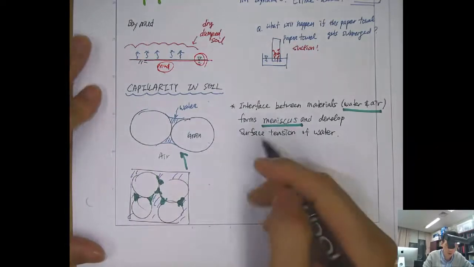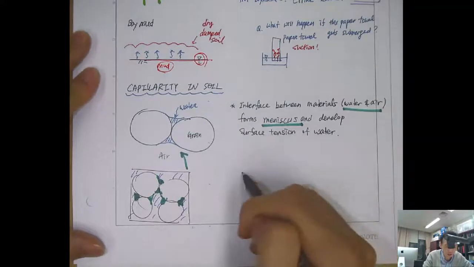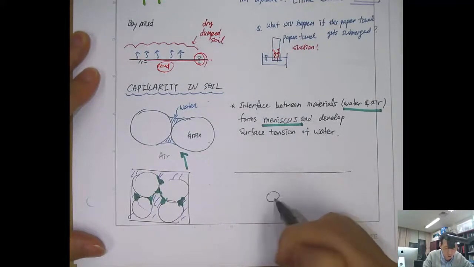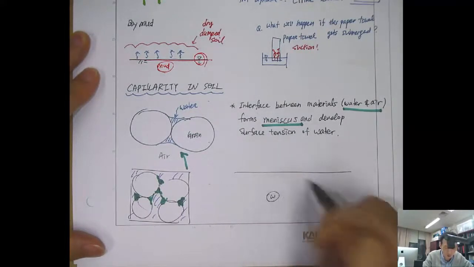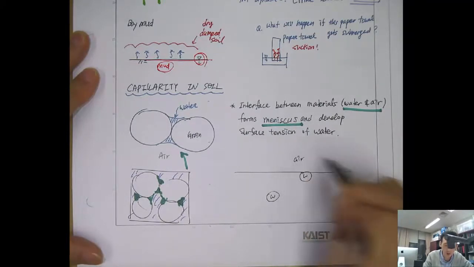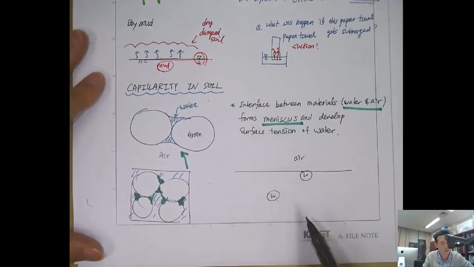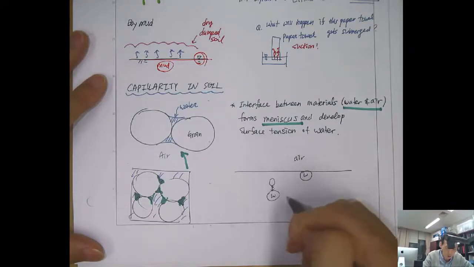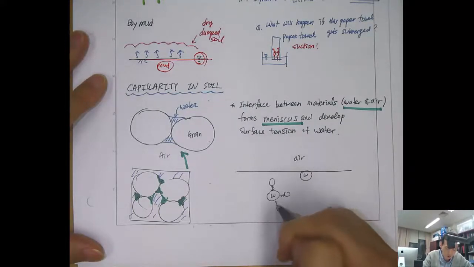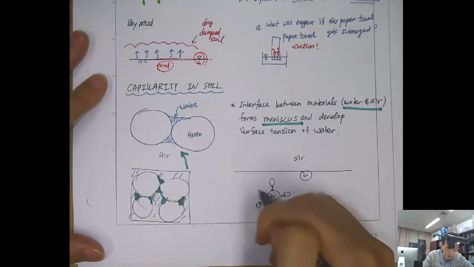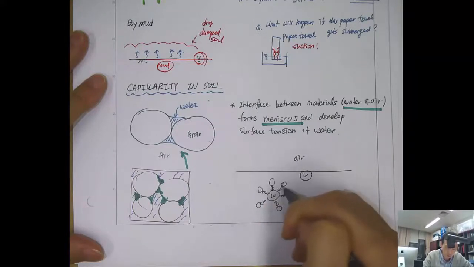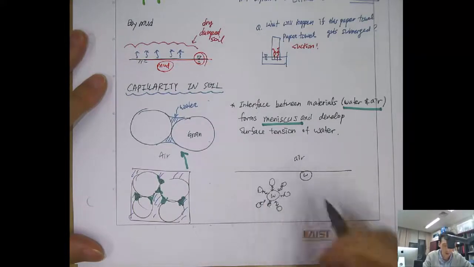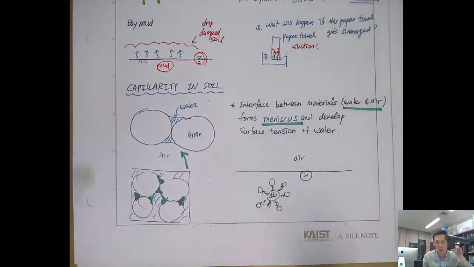If you remember high school physics or high school chemistry, here is a water molecule, H2O, and another water molecule, H2O, and here's the air. They will have different potential, or you could say energy state. The molecules inside are all surrounded by water molecules, so this water molecule is more stabilized.